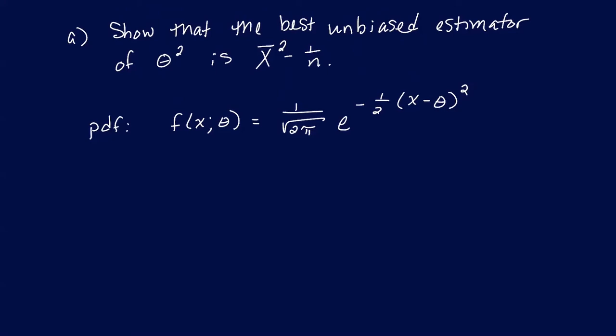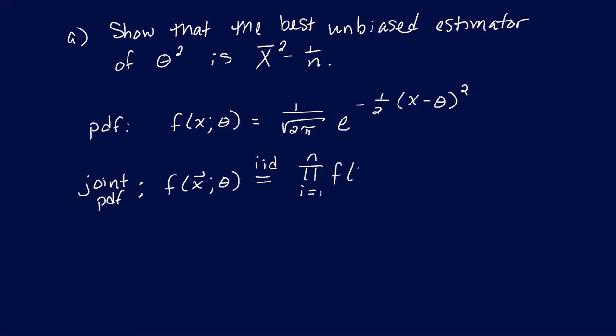And now I want to write down the joint PDF. Because these are IID, I do get to multiply the original PDF. There's only one of them, but I go plugging in x1, x2 out through xn. And I'm just going to go straight for the punchline here rather than write that out. I'm going to get this n times, and that's like a 2 pi to the 1/2 in a denominator.